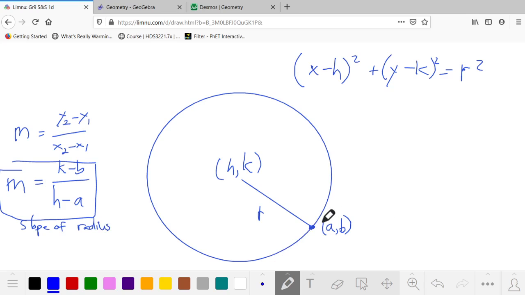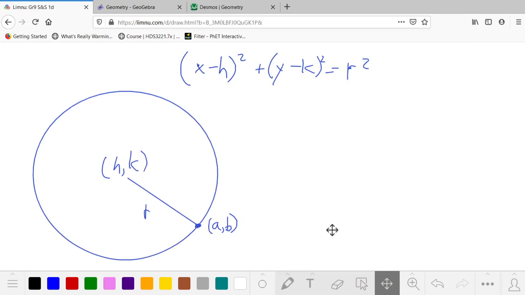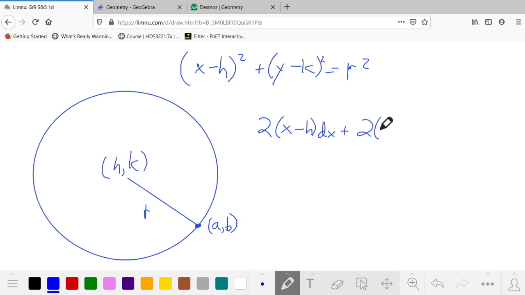Now, a tangent line would have the slope of the circle as it passes through the point (a, b). So using something called implicit differentiation, in calculus we can show that 2 times (x minus h) times an infinitesimal change in x plus 2 times (y minus k) times an infinitesimal change in y would be 0.